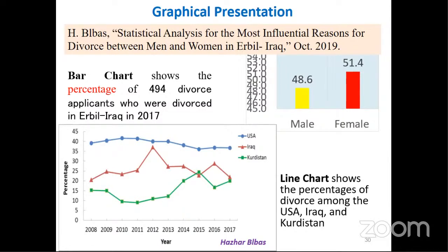This line chart shows the percentage of divorce in USA, Iraq, and Kurdistan.